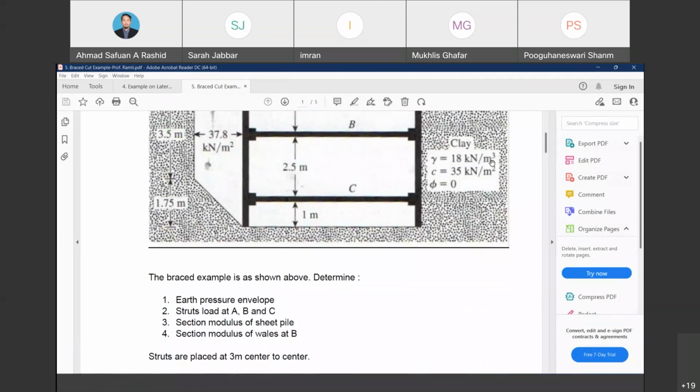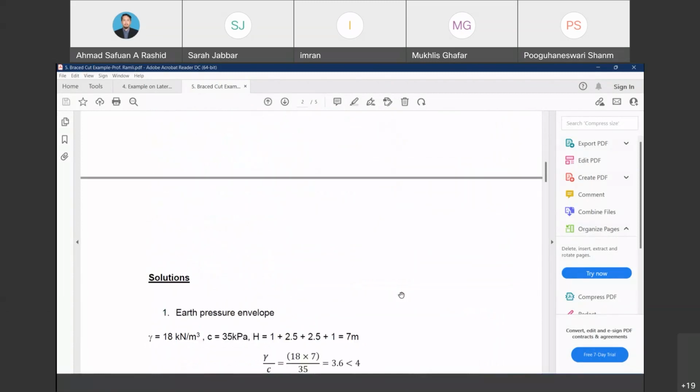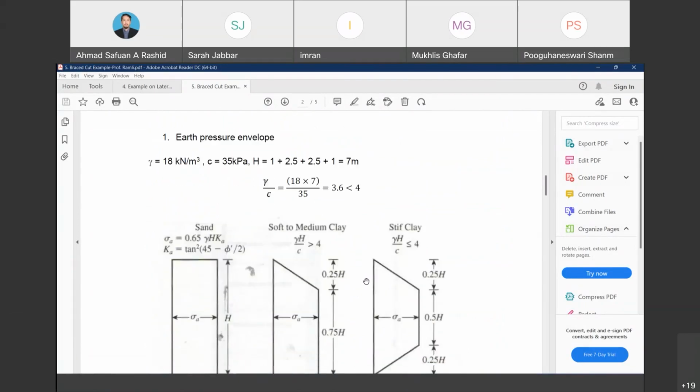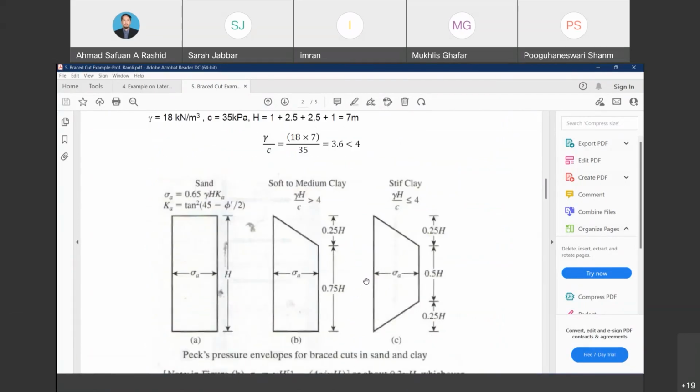So for the clay example, the first step is to determine the stability number. In this example, the stability number has been determined. So the value is less than 4. So that means the condition of the soil is considered as a stiff clay.